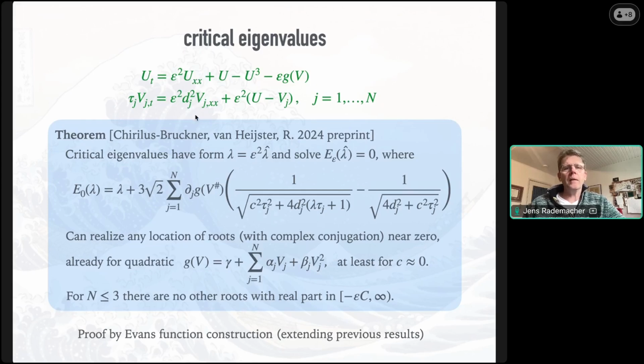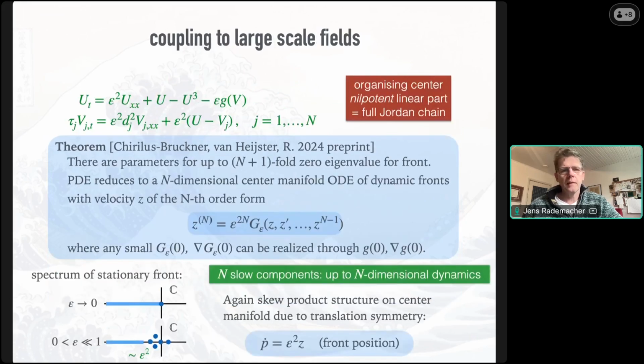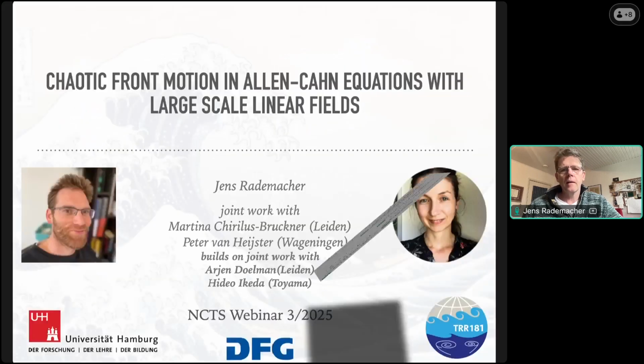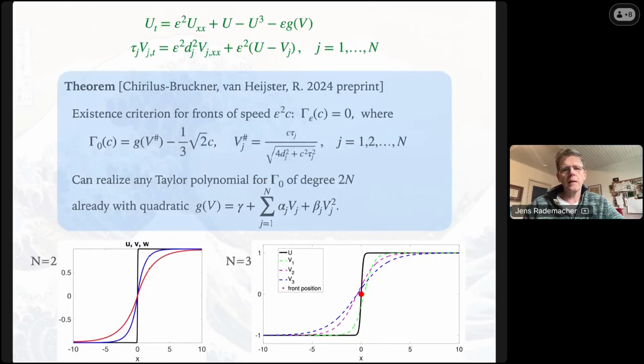One particular ingredient that enters both in the existence and for this Evans function is that the V equations are linear. So you get kind of the solutions. Maybe I should go to this slide here.